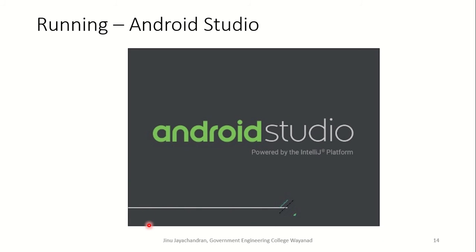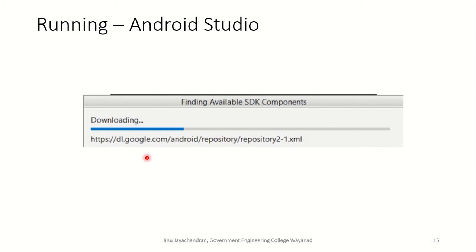This is an older version of Android Studio, because of which the newer version is a bit different. It has a blue background. This has a black background, and there are some differences. Now when Android Studio opens up, if it finds that some of the SDK components are not available, it will start downloading from the Android repository.